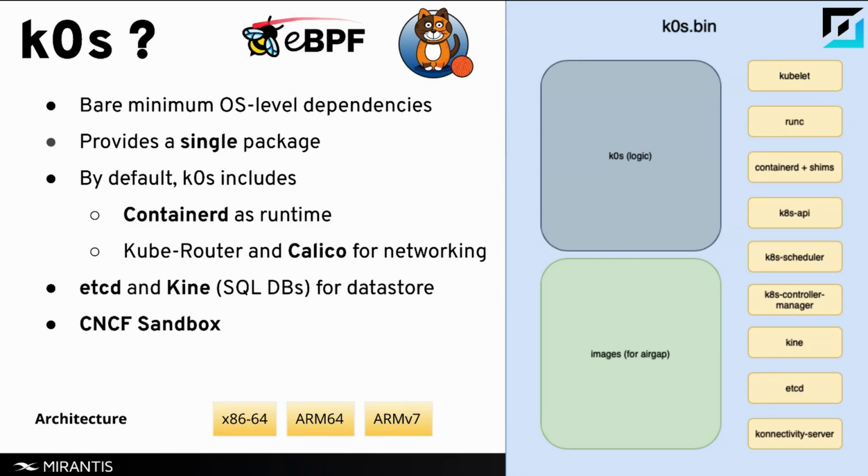This is why I am putting eBPF here, and Jen will be able to talk more about it in the next coming minutes. One more thing, actually, it has etcd or Kine, for example, if you would like to use some other DB, and it was donated to the CNCF. So now it's in a sandbox.